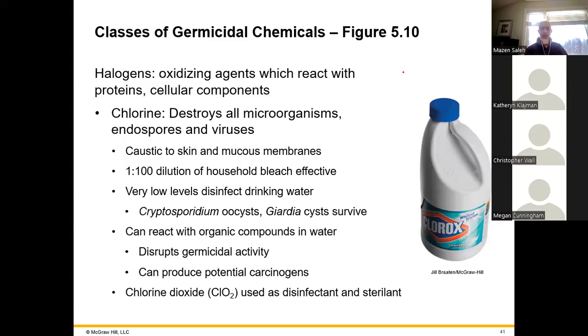Typically, household bleach solution is diluted 1 to 100 times when it's used. It is used at very low levels for disinfecting drinking water to get rid of Cryptosporidium oocysts, as well as Giardia cysts.